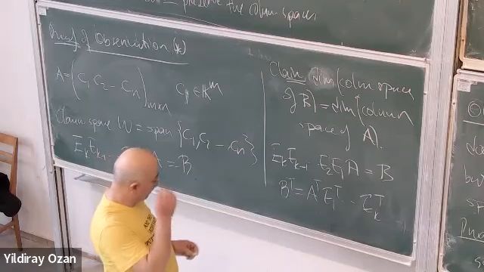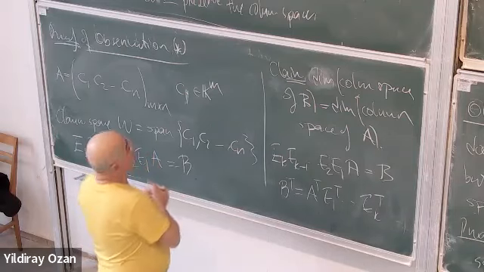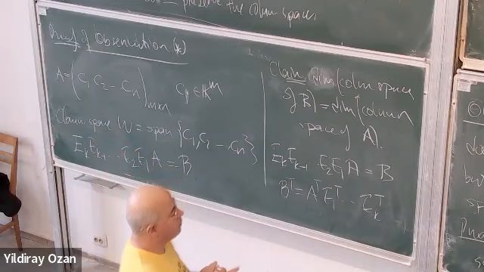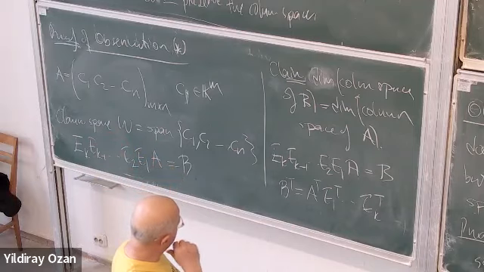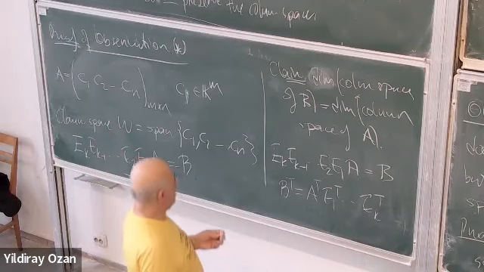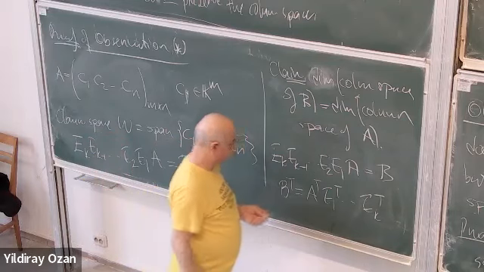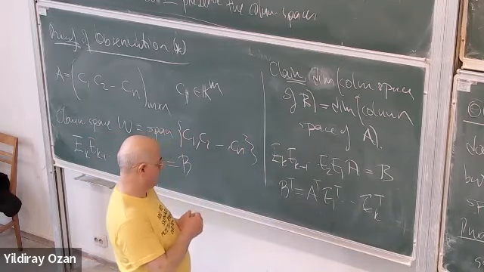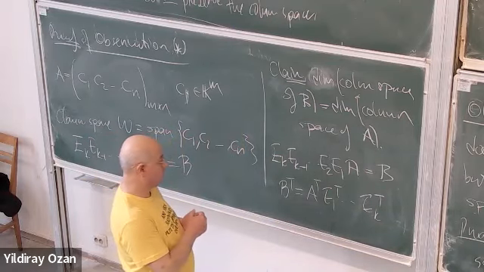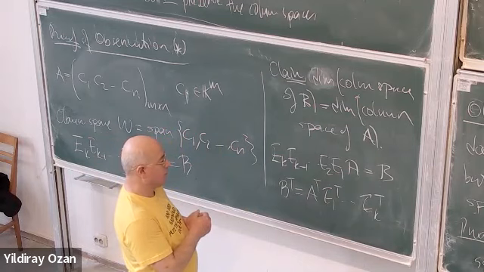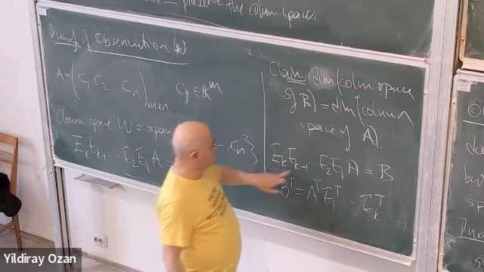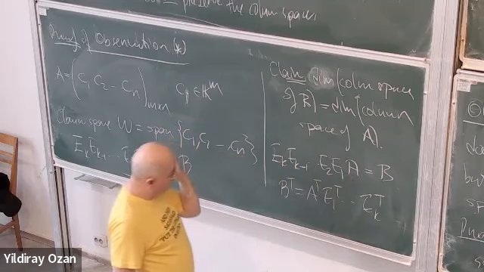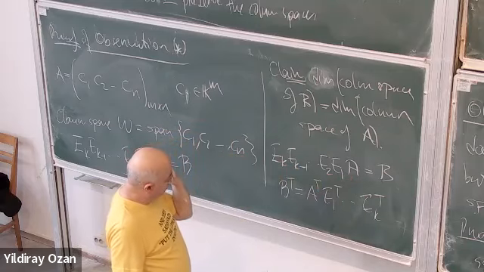Yani biz şimdi ne yapıyorduk? Row operasyonlar uygulayınca column space'inin boyutu değişmiyor diyorduk.